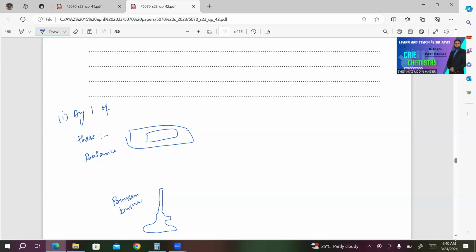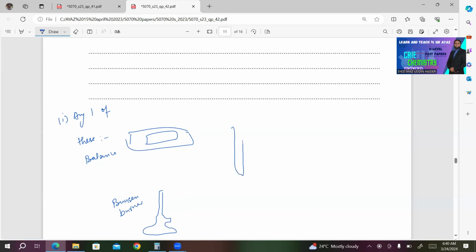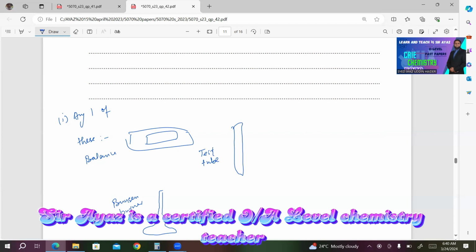Or you can draw the test tube. Or you can draw the flask.